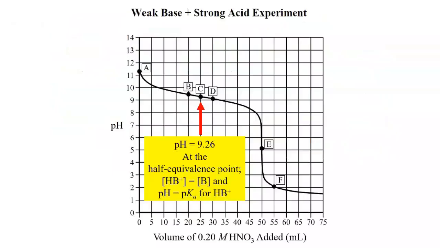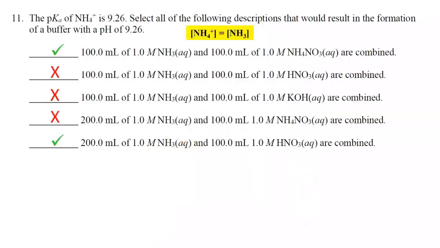So this would result in a similar situation to the half equivalence point in a titration. Because the number of moles of the strong acid, or the hydronium ion, is half as much as the number of moles of the weak base, this would result in a buffer solution where we have an equal amount of NH3 and NH4+.